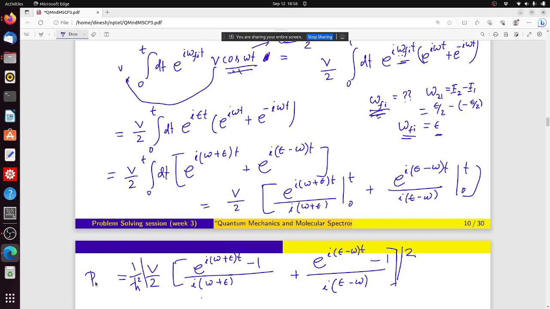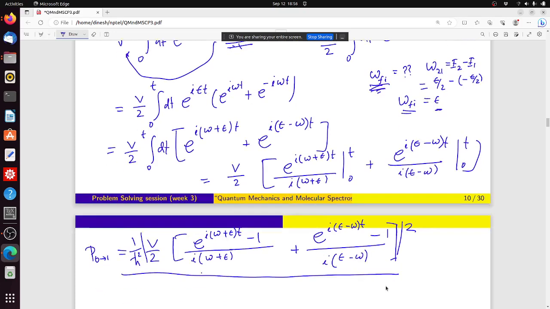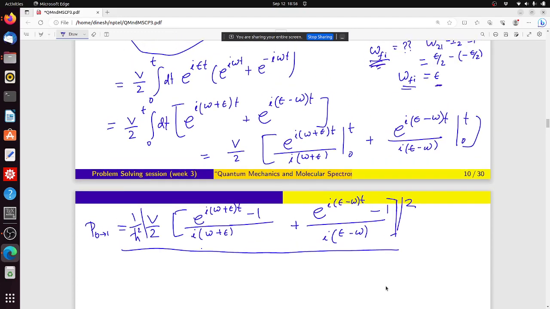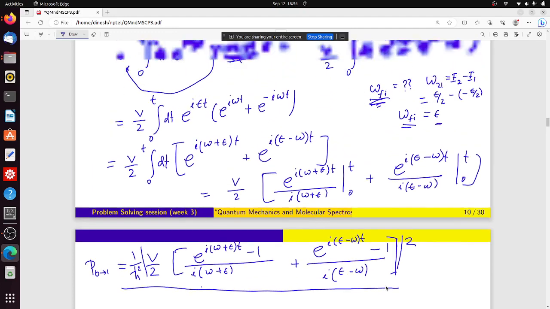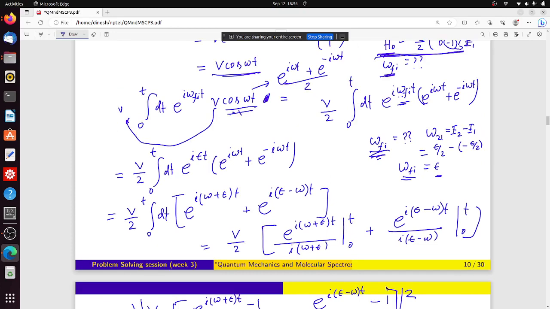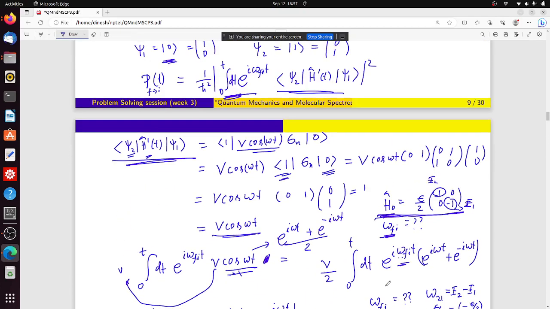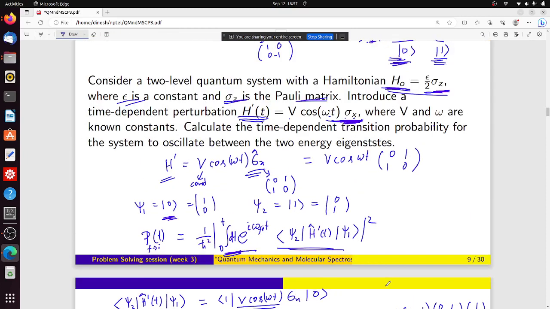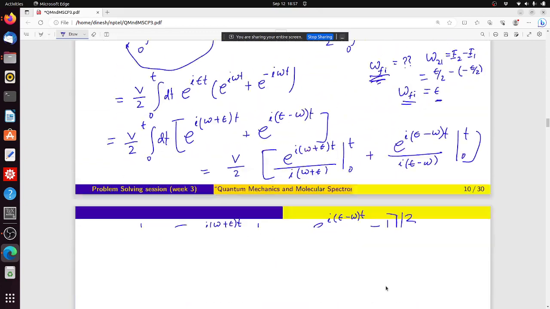This is the probability of transition from the 0th state to state 1, right? Any doubts on this? No, it's okay. Maybe if I made mistakes in some steps, you can verify by yourself, right?